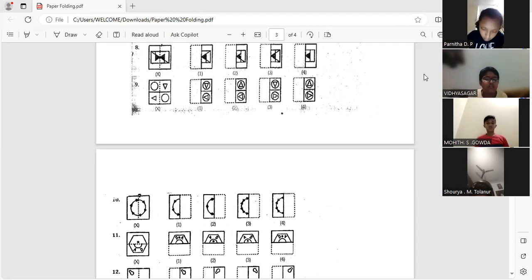Vidyasagar, your voice is breaking. I'm not able to understand. Ma'am, which question should we write? 10 and 11. Yes, Vidyasagar. Ma'am, we should draw the 4 options also, no?